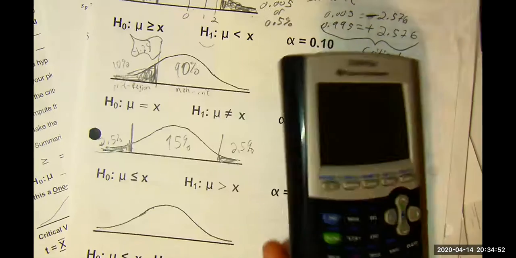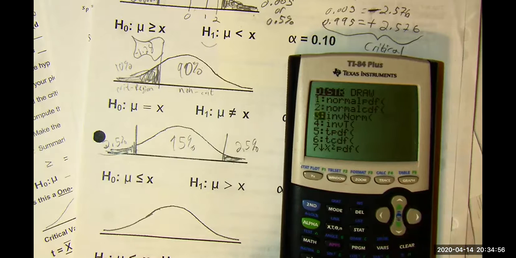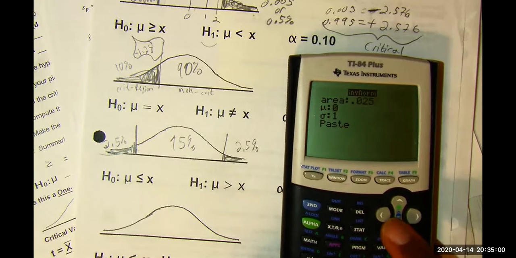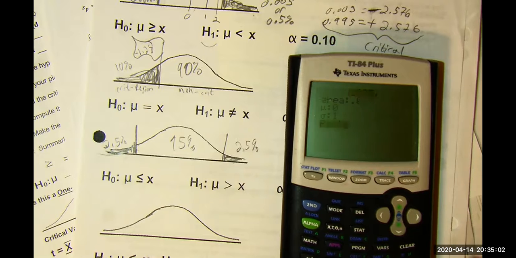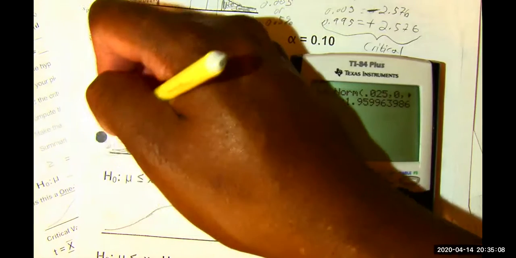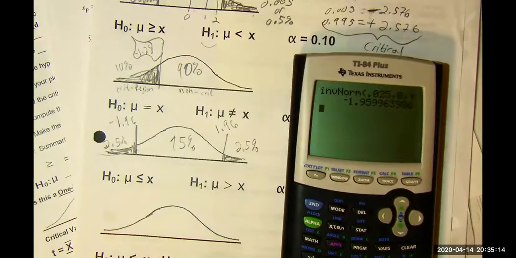I'm going to find my critical values for my z-scores. 0.025, remember we always plug in the proportions. Negative 1.96, which we are used to from the confidence interval unit. Positive 1.96. So that one we're used to.